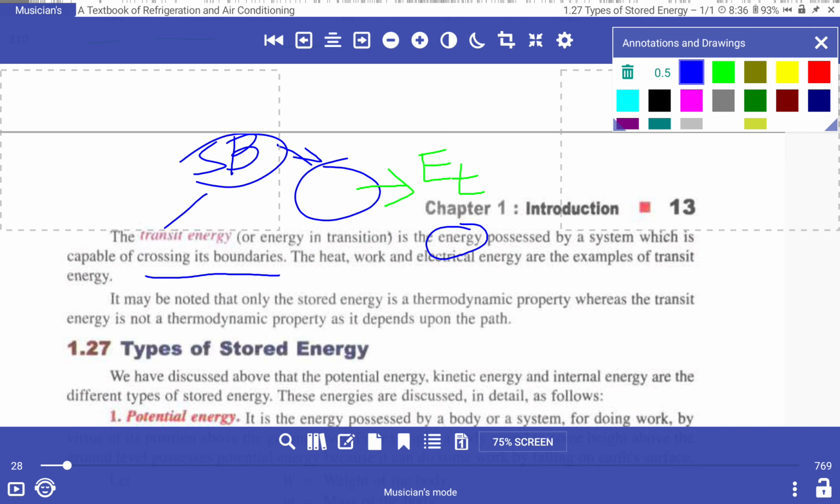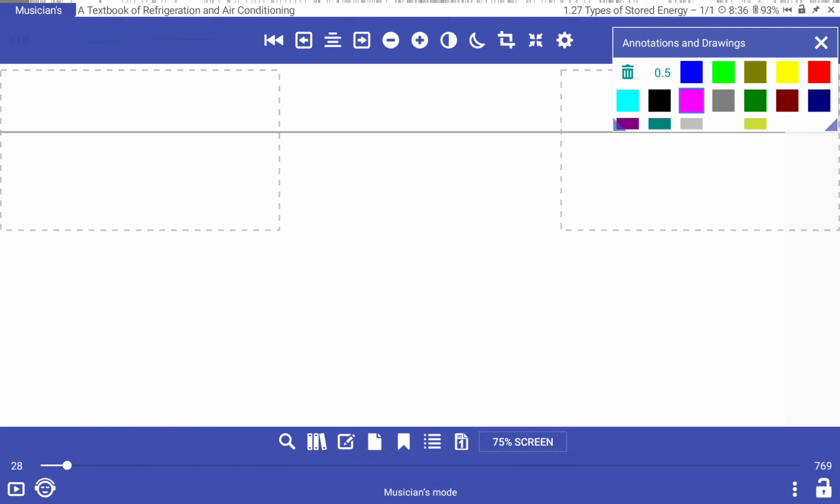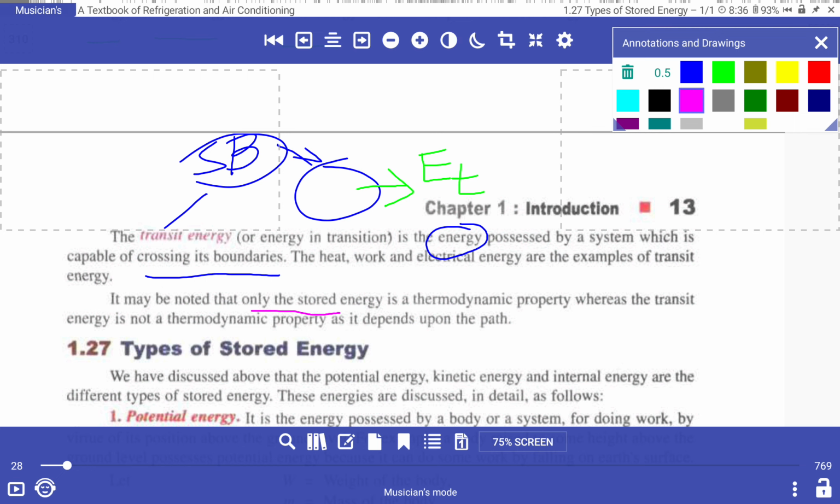So it may be noted that only stored energy is a thermodynamic property, whereas the transit energy is not a thermodynamic property, as it depends upon the path.